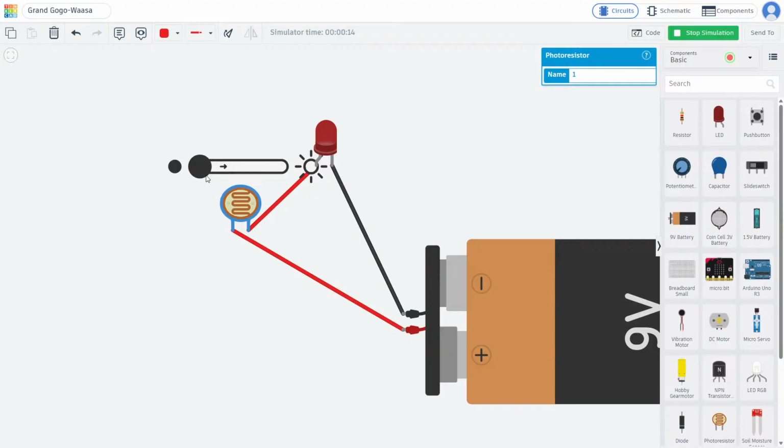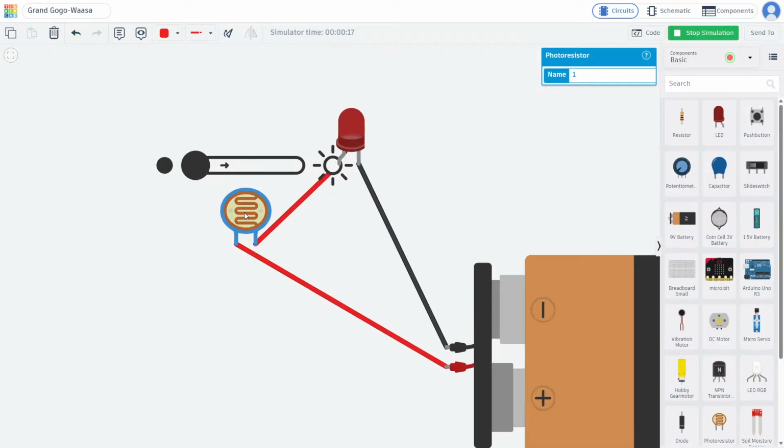When the amount of light is low, the resistance of the LDR is very high. So the current flow in this circuit will be small, right? So when I increase the amount of light that falls on this LDR, the brightness of the LED increases. Why?